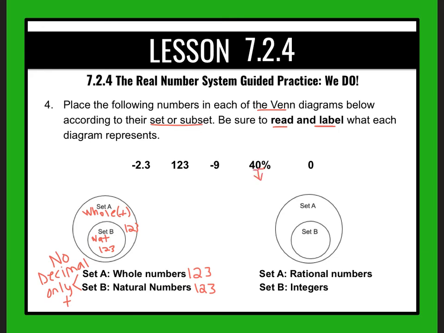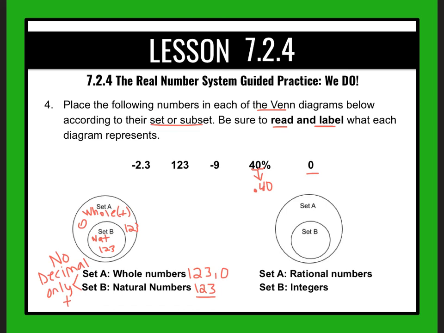So to go from a percent to a decimal, remember that's 40 out of 100 is 40 hundredths. Okay, that's a decimal value, so it cannot go in either one of these sets. Then I have the number 0. Well, 0 is not a part of natural, but it definitely is a whole number. So again, do you see, I can write this number in its specific subset, but any other set that it belongs to. So you can use the numbers more than one time.